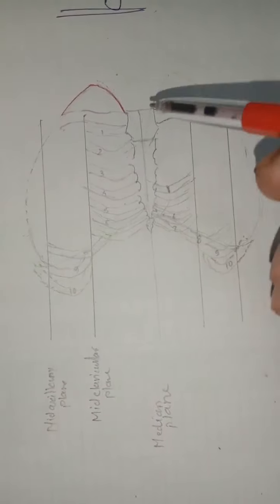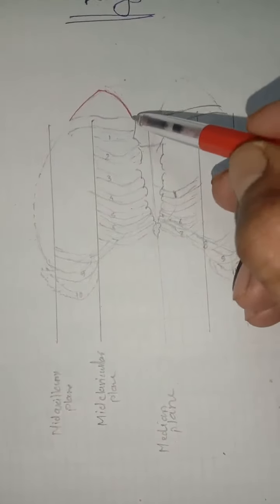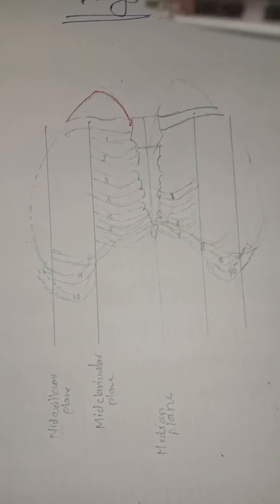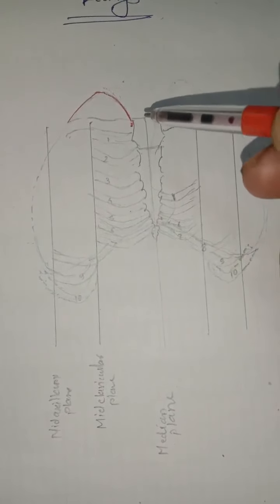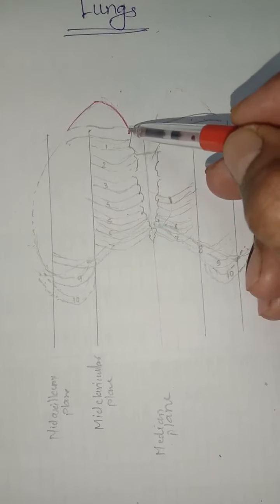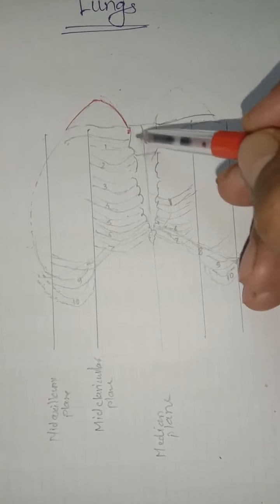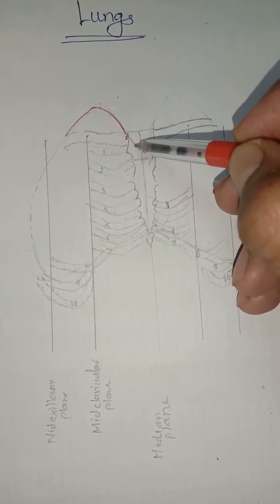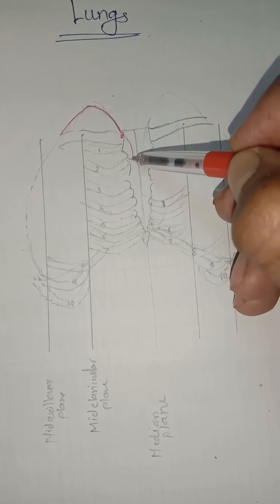Okay? Then take a point at the right sternoclavicular joint. So here. Then draw the line to the median plane, so this line is attached to the median plane.